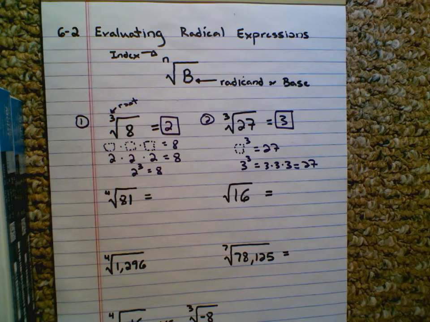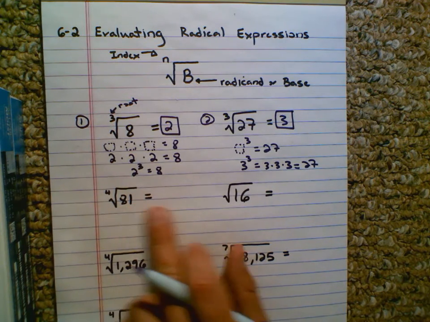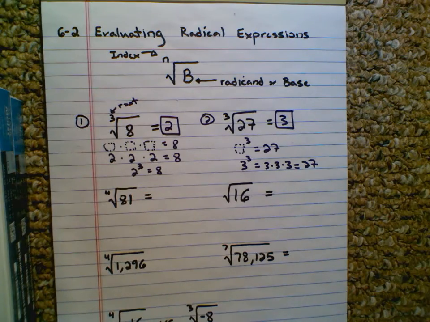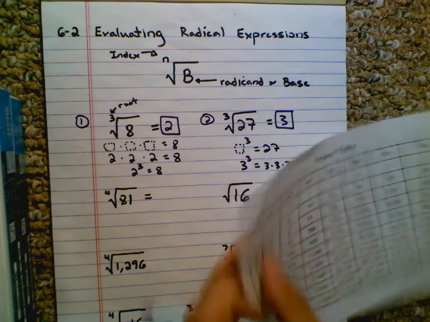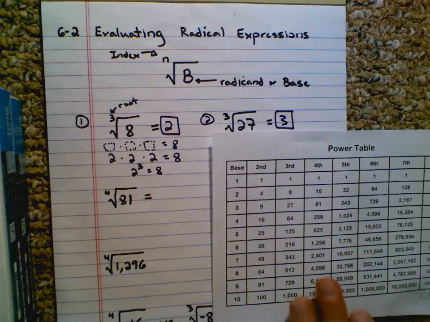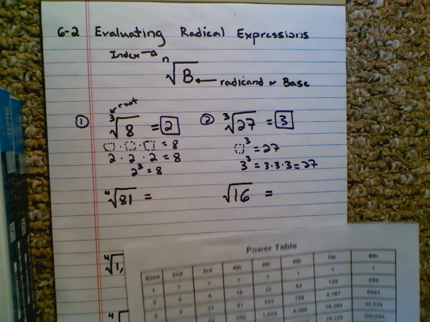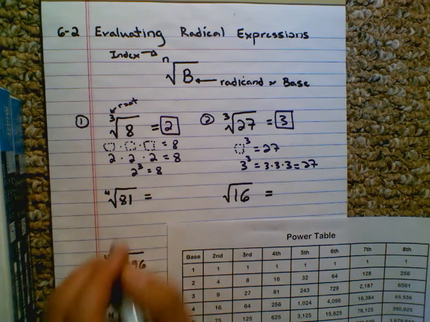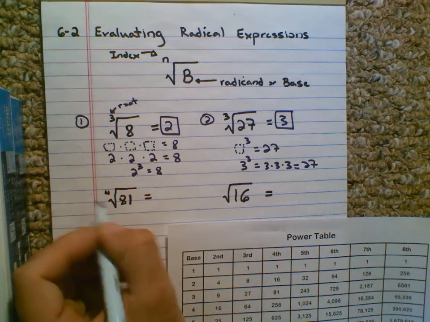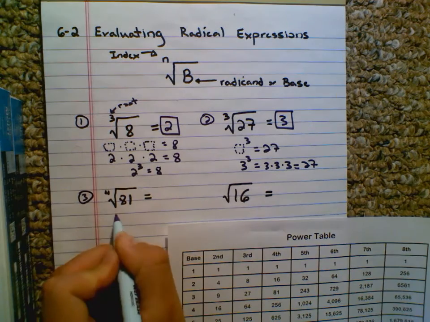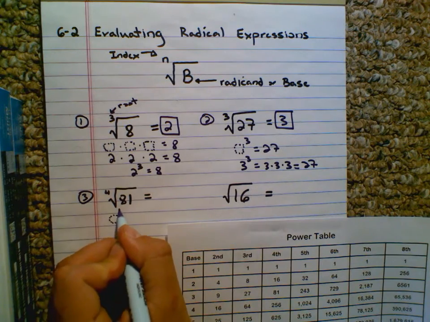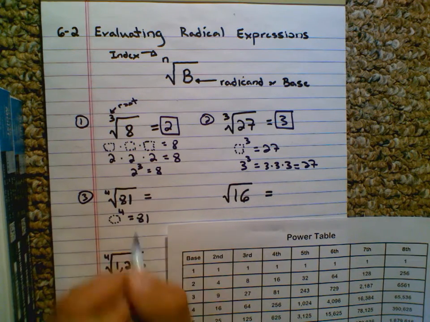Now, as we move on, the numbers will start to get bigger, and that is where your power table will come in handy. So this next example, we're going to use the power table to help us. So here we have the fourth root of 81. So we're looking for some number that when we take it to the fourth power should equal 81.